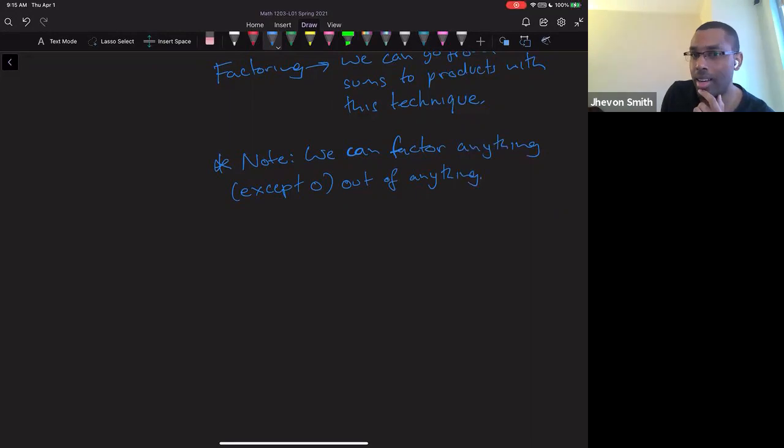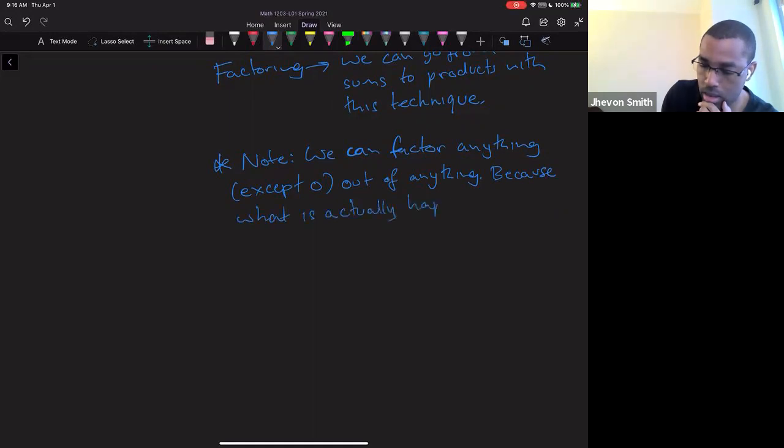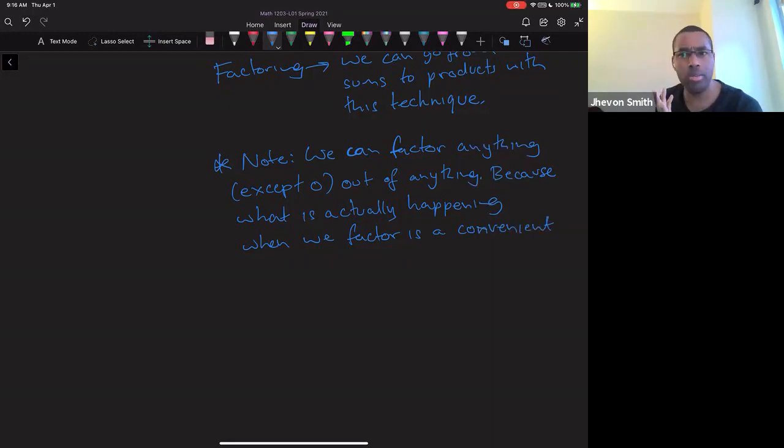Including zero. And because what is actually happening when we factor is a convenient... Now, I know it wasn't presented this way because it's actually not very intuitive to present it this way.